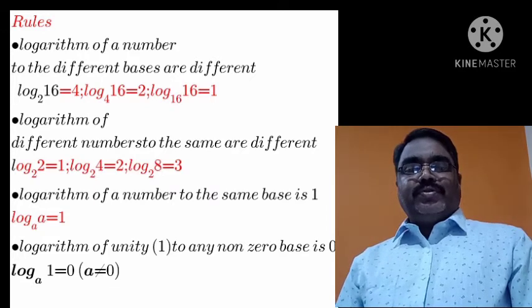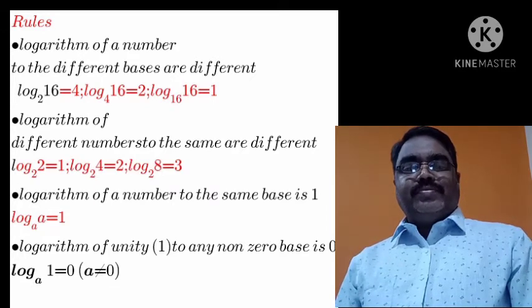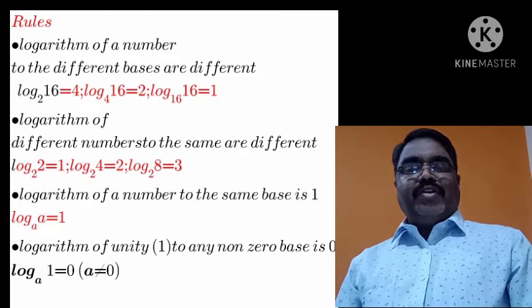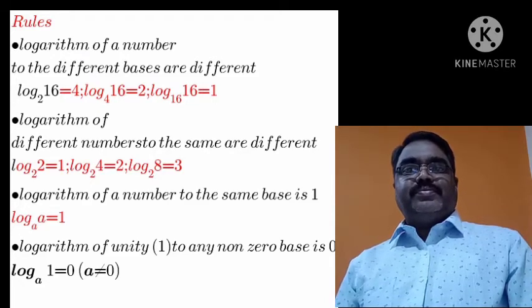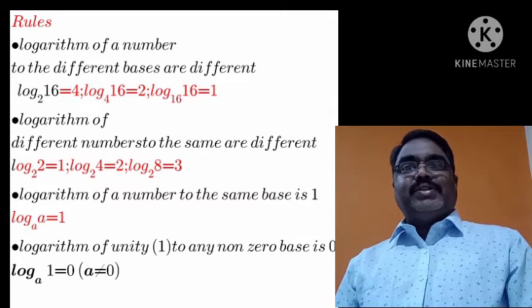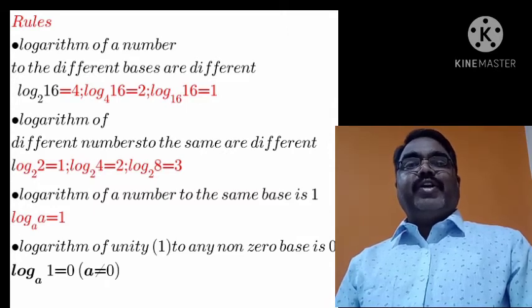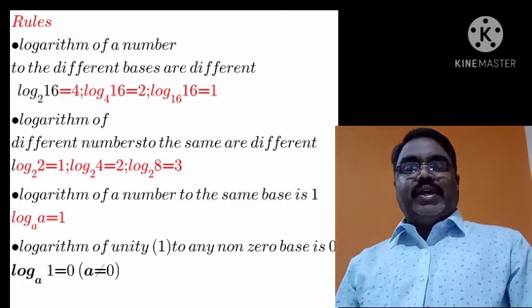One more thing we have observed is that logarithm of a number to the same base is 1. Here it is an important result that logarithm of a number to the same base is 1.